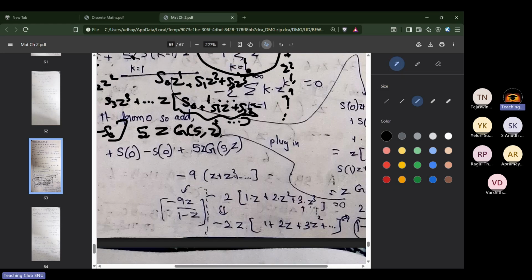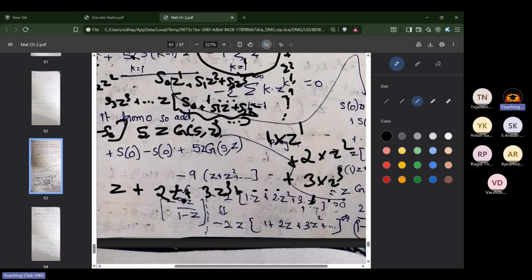Next, what was the other term? The other term was 2 into the summation of k z power k. Now again, substitute and check. What do you have? 1 into z power 1 plus 2 into z power 2 plus 3 into z cube and so on. What is this giving me? z plus 2z square plus 3z cube and so on. Again, I can take z common, right?